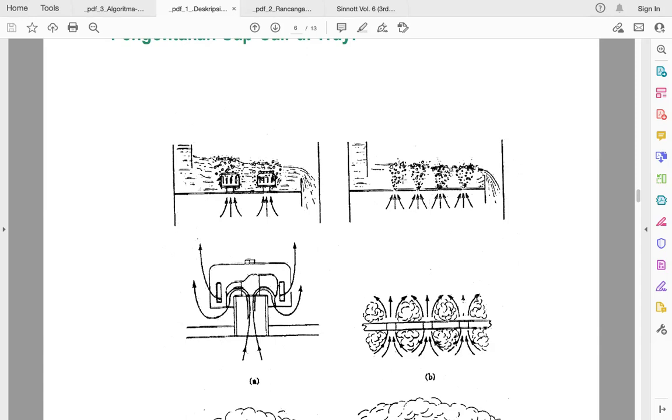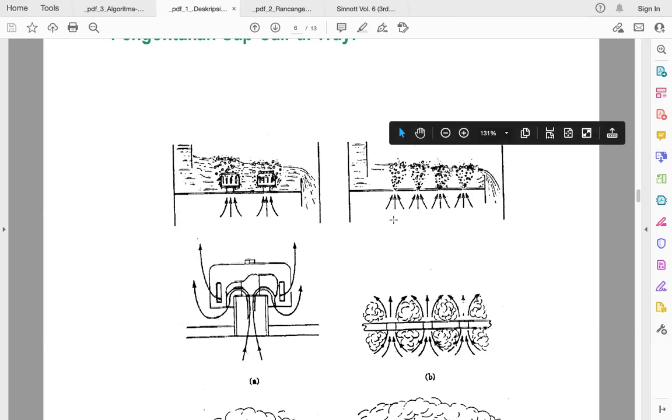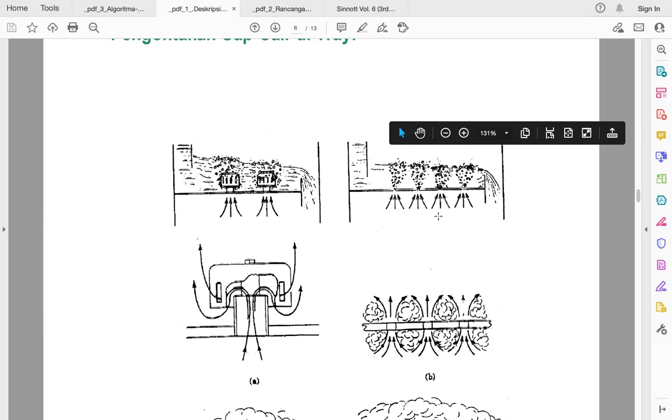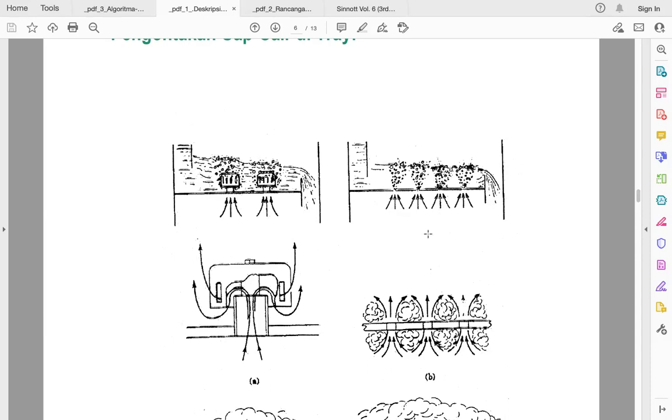Then of course we don't want the liquid with this composition to leave the tray with a similar composition, because of course we want the liquid to have a different composition, the new equilibrium composition, leaving the tray. So anyway, it is quite complex when you look at the fluid dynamics, or the fluid mechanics of it.